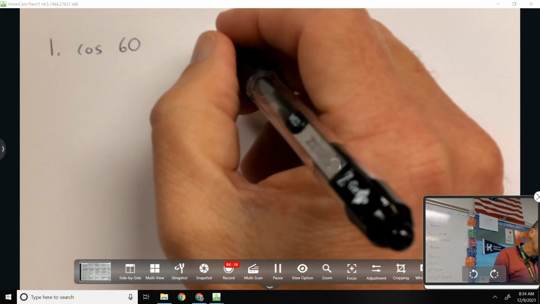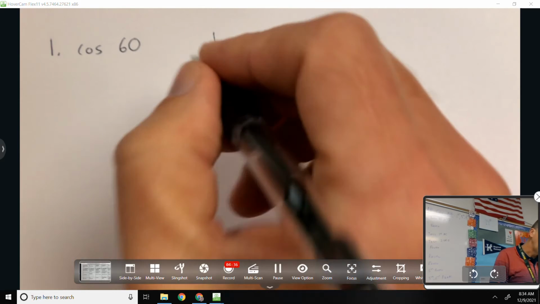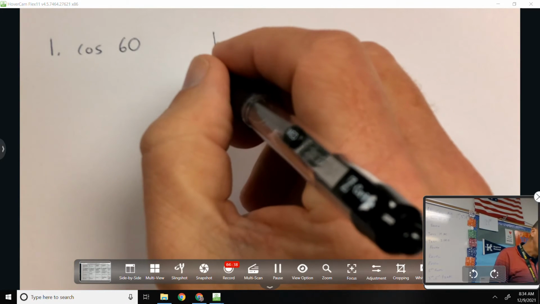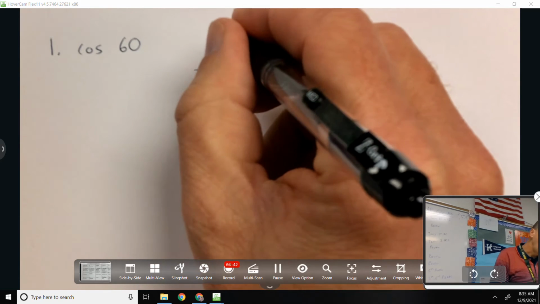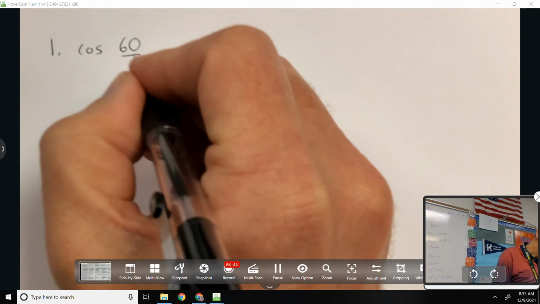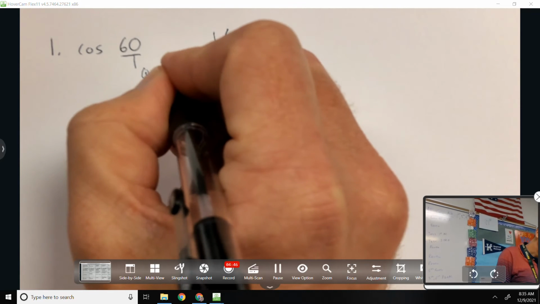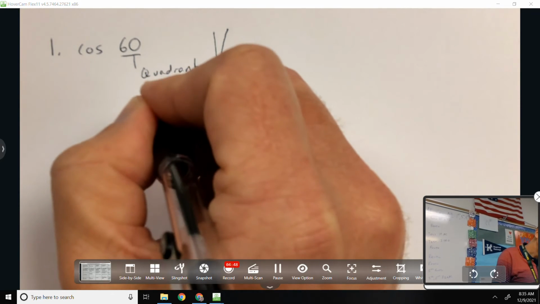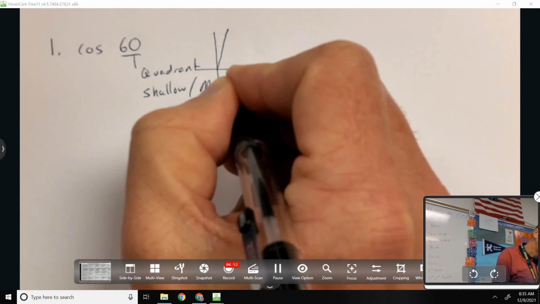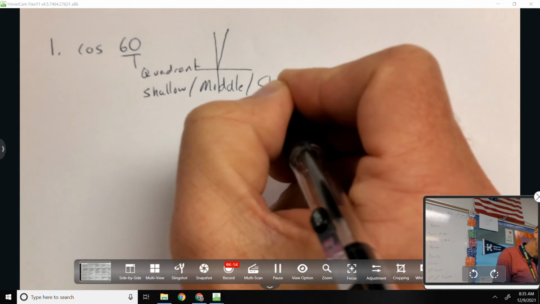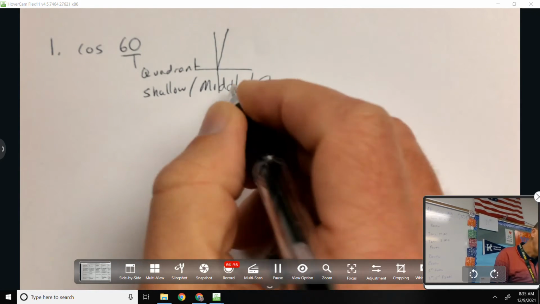So 60 degrees, what quadrant is that in? Is it the shallow, the middle, or the steep? So quadrant, and then shallow, middle, steep. This one was steep.